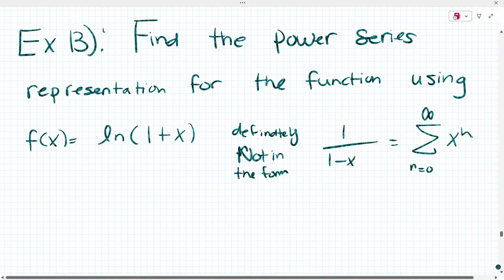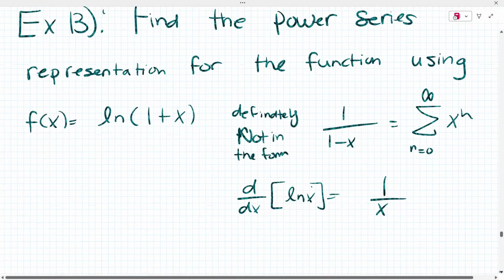So what we could do is try to take the derivative of ln of x. The derivative of ln of x is 1 over x.